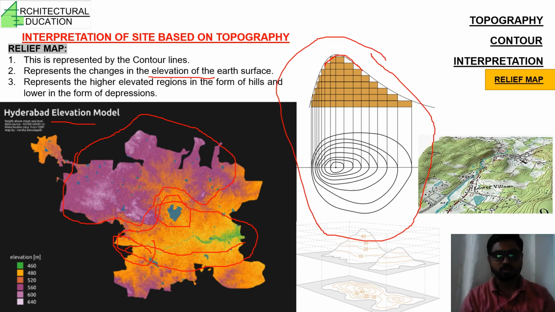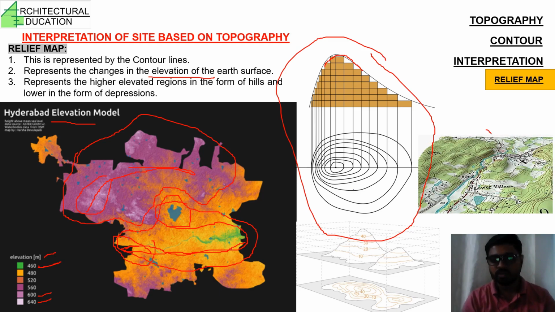This region is around 600 meters above mean sea level, the white one is more than around 640 meters, and the lowest portion is around 460. So we can conclude that the Musi river is around 460 meters above mean sea level.